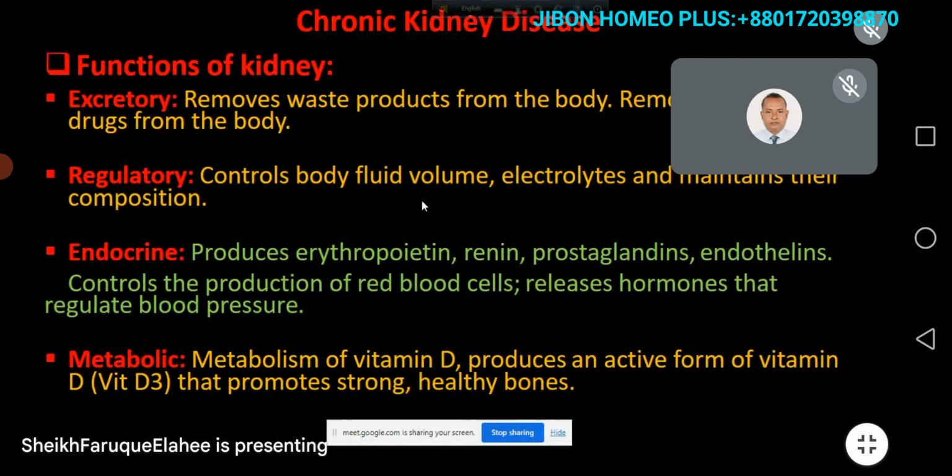And when there is an increased quantity of blood, our body knows there is more blood volume. Then it will ask the kidney, okay, remove this excess, and the kidney will filter this excess amount and make it urine. So it controls fluid volume, and also electrolytes.